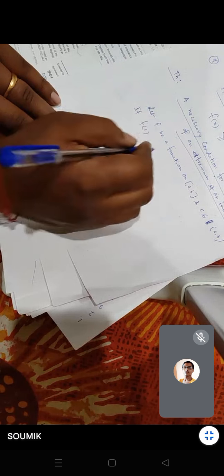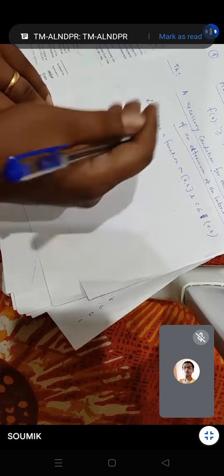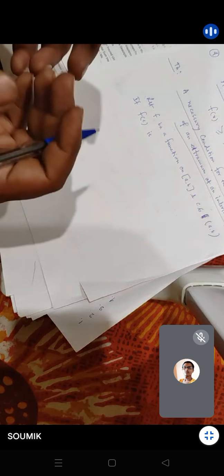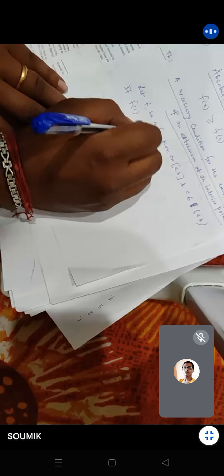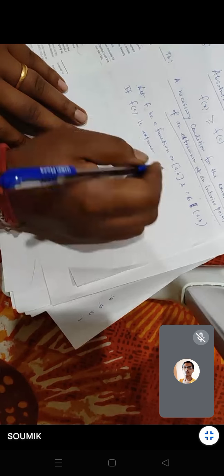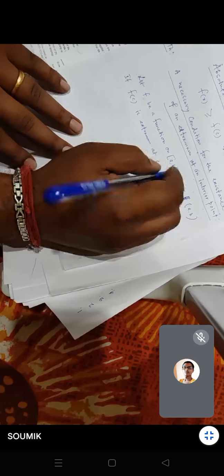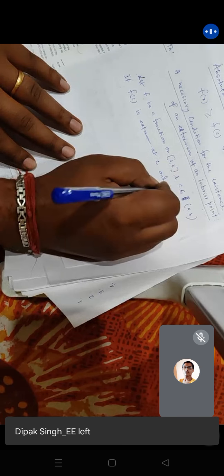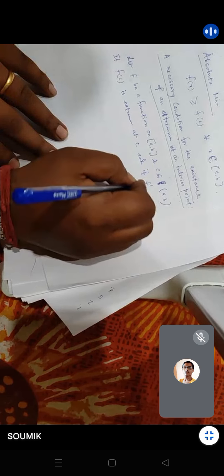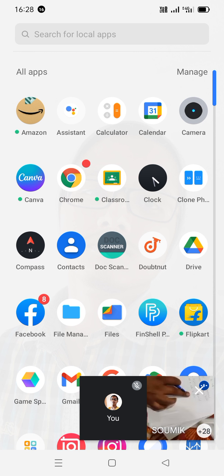If f(c) is an extremum, that means f(c) is relative maximum or relative minimum, so f is extremum at c, and if the derivative of f at c, f dash c, exists, then f dash c equals 0.